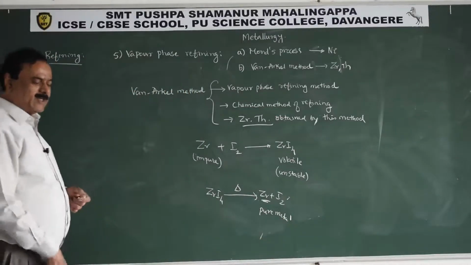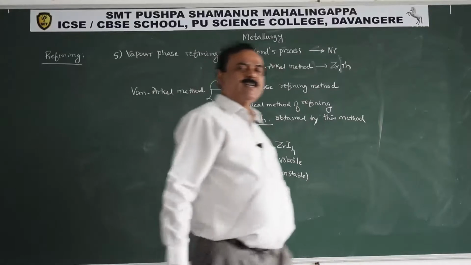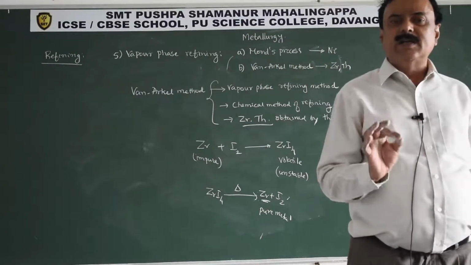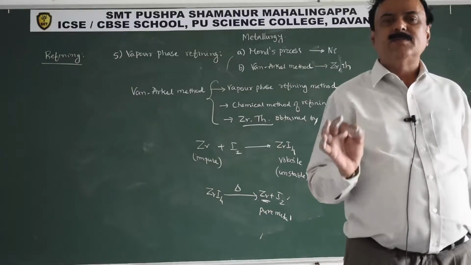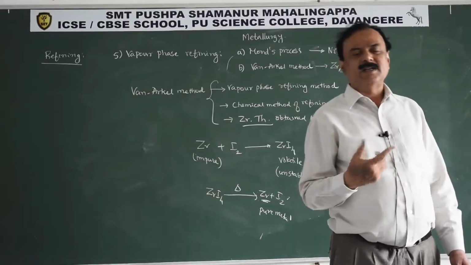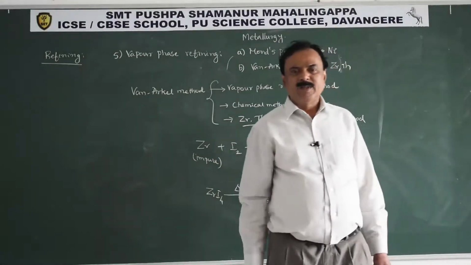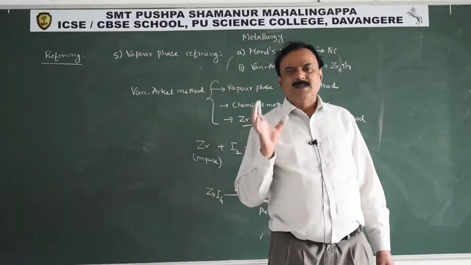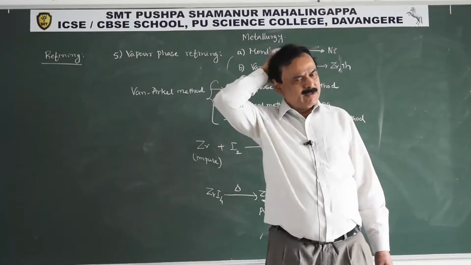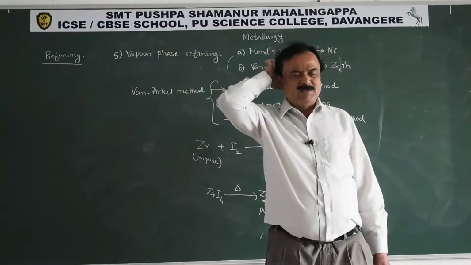Therefore, the basic principle used in the Van Arkel method: the metal is heated in a current of a suitable chemical. That chemical may be carbon monoxide or iodine vapors, whatever it may be. Then it is converted into a metal compound which is unstable and volatilizes.